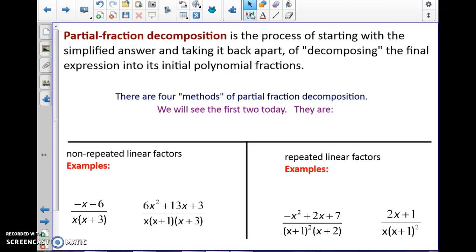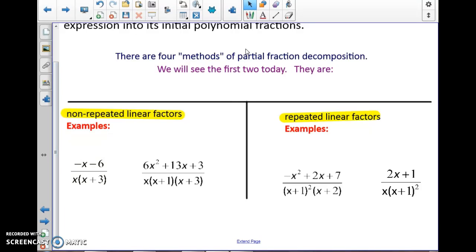The first two that we're going to talk about are called non-repeated linear factors, so that's over here, and then repeated linear factors. I want you to look at the examples and see if you can figure out what makes the ones on the left different from the ones on the right. Hopefully you noticed the ones on the left just have one factor in the denominator that is not raised to a power.